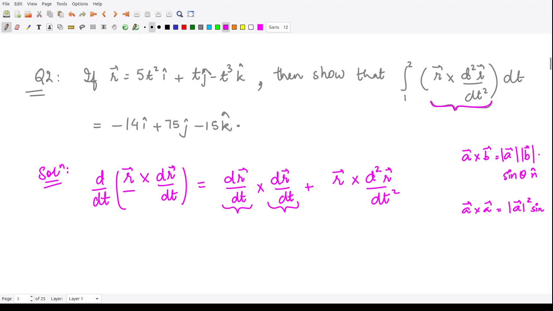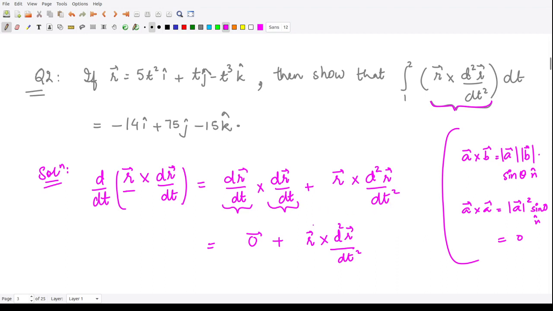Now the angle between the same vector is obviously 0, so this quantity is 0. So therefore I can write this first quantity to be a 0 vector, right? And I have the second quantity as vector r cross product with d2r vector by dt2.